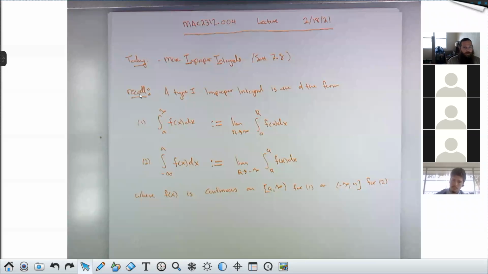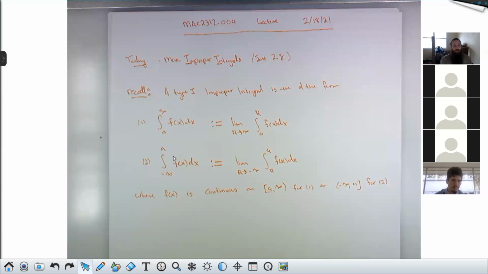So the idea is, if f is continuous over this range of x values, then the reason the integral is weird is because the region is infinitely wide. And so there's this question of whether or not that area is finite or infinite.